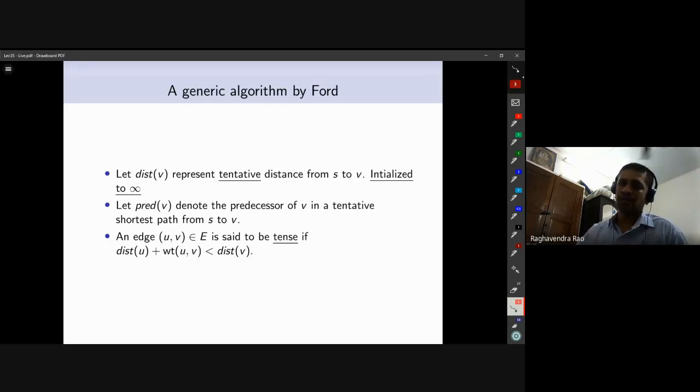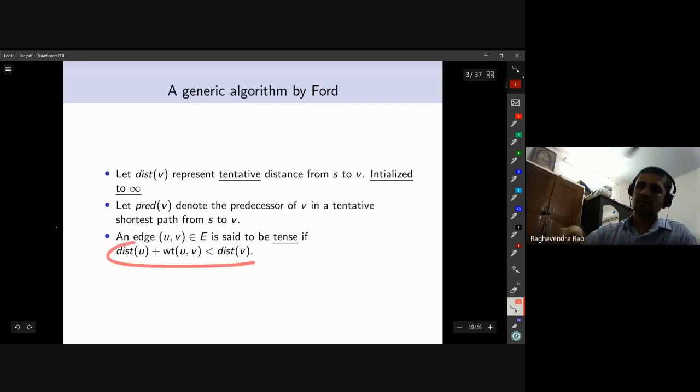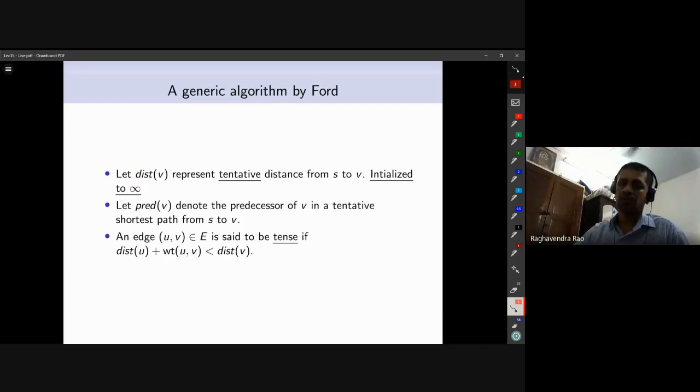So the idea is, as long as there is a tense edge, we relax. So this is the relaxation step, and this is the tenseness condition. We have tentative distances for each vertex. We initialize, except for S, all other vertices with initial tentative distance infinity.